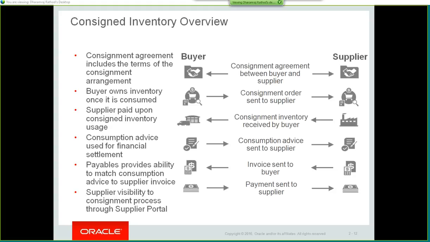Eventually, you would consume those goods, and then based on the consumptions, you can send the consumption advice to your supplier. And the consumption advice is the entity which you use to bill it to your supplier, or to pay your supplier. So when you create the supplier invoice, you have flexibility to match your line with the consumption advice.